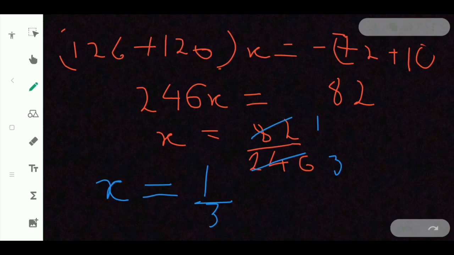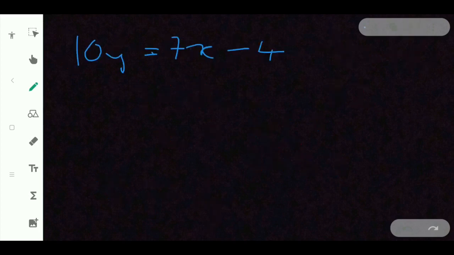X is equal to 1 by 3. 10y is equal to 7 by 3. 7 multiplied by 1 is nothing but 7, so I wrote it directly, minus 4.